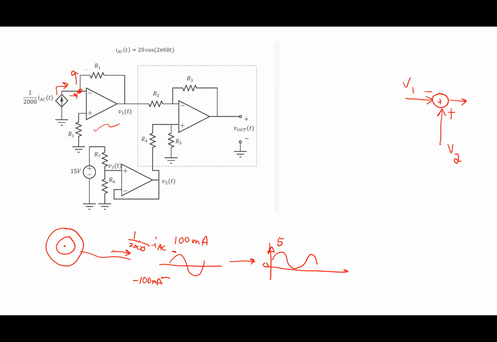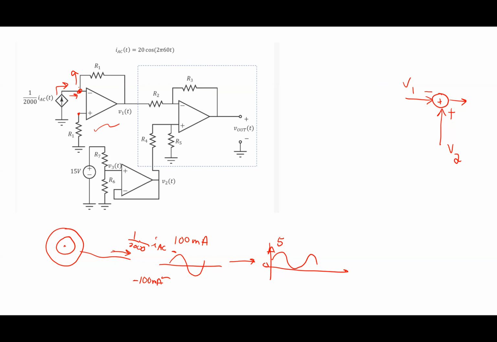Now, what's the voltage relationship here? What's true about V plus and V minus? They're both 0, right? Why are they both 0? Again, when I look at this, one of the nodes is usually obvious to me. The one that should be obvious is this one. How much current goes through that resistor? None. That means that voltage is 0. So that makes V minus 0.